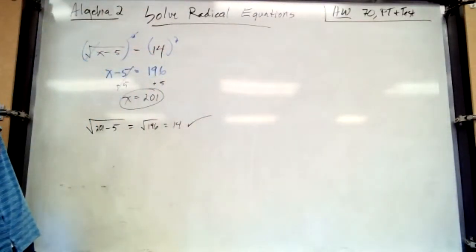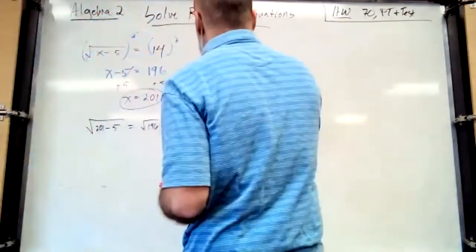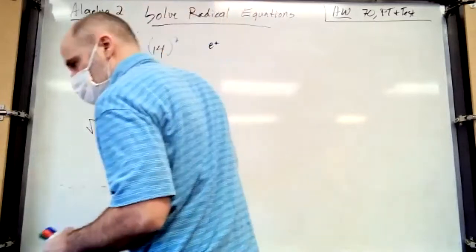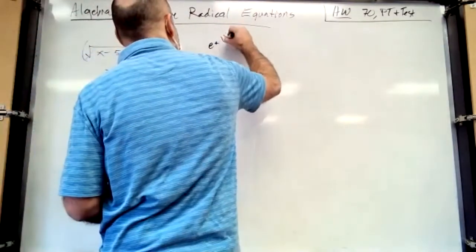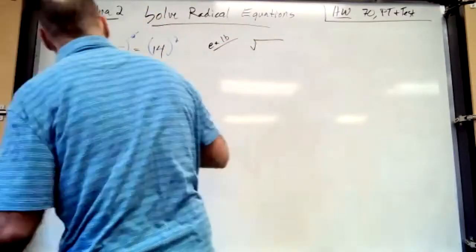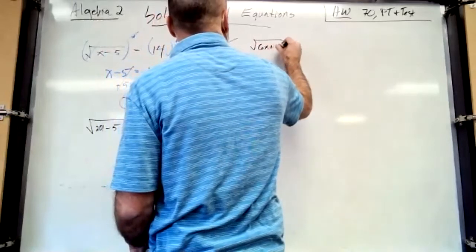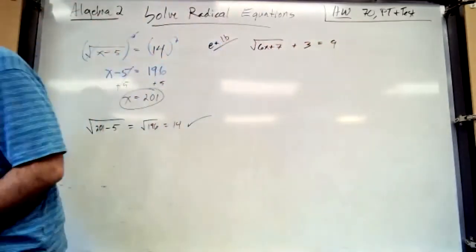Okay, now let's try something else. What happens if that radical is not by itself? So here's example 1b, where you have a radical, 6x plus 7, and then you have another guy over here, and then you have that 9.